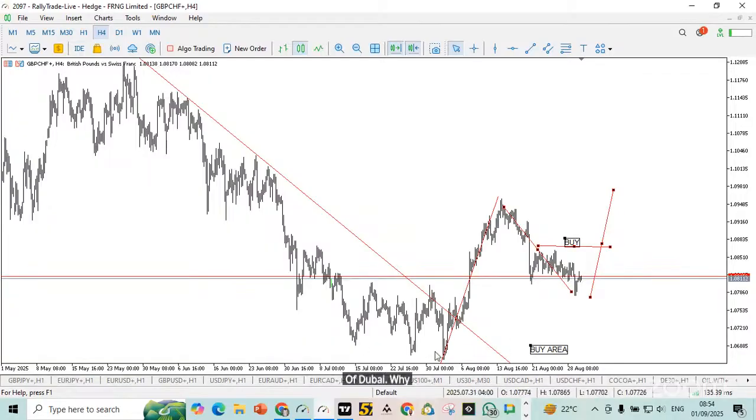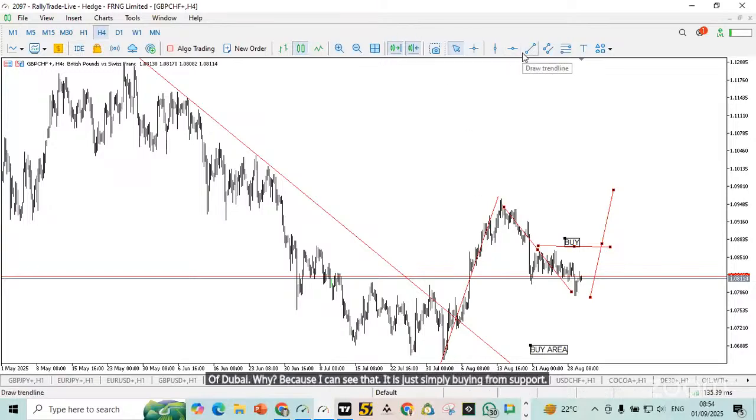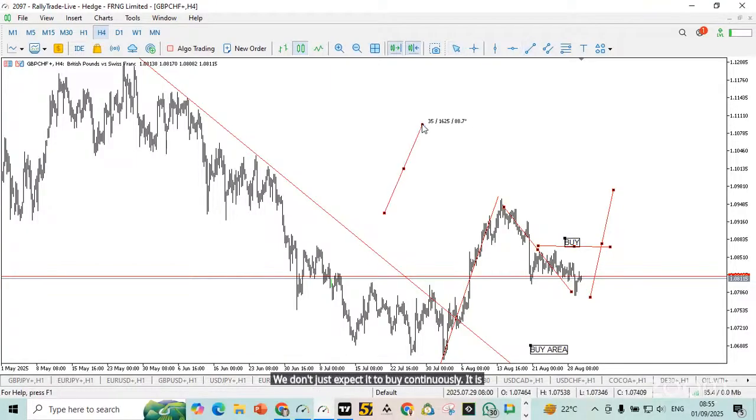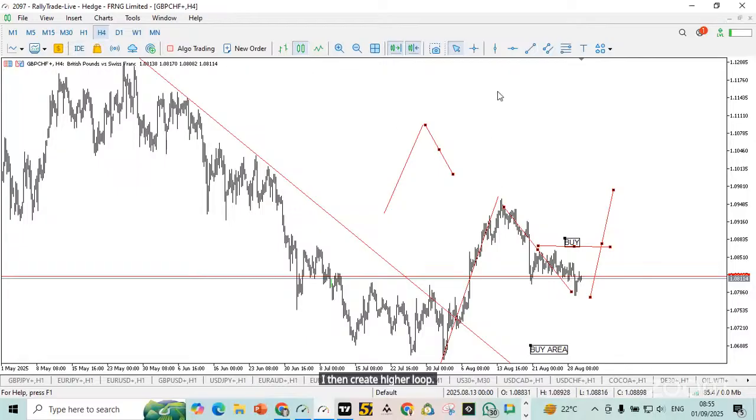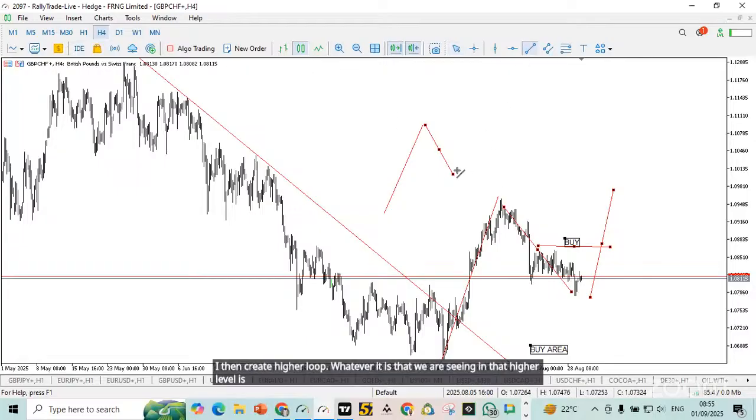Why? Because I can see that it is simply buying from support. When something is buying from support, you don't expect it to buy continuously. It will buy, then create a higher high, and then a higher low. Whatever we see in that higher low is called internal structure, and it doesn't matter what price does around there.